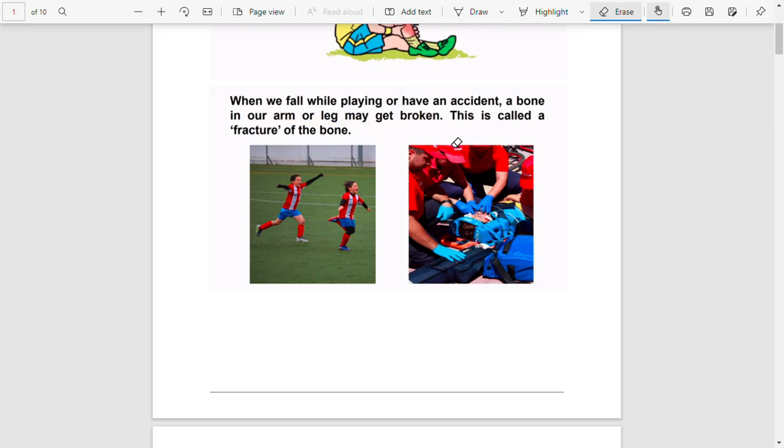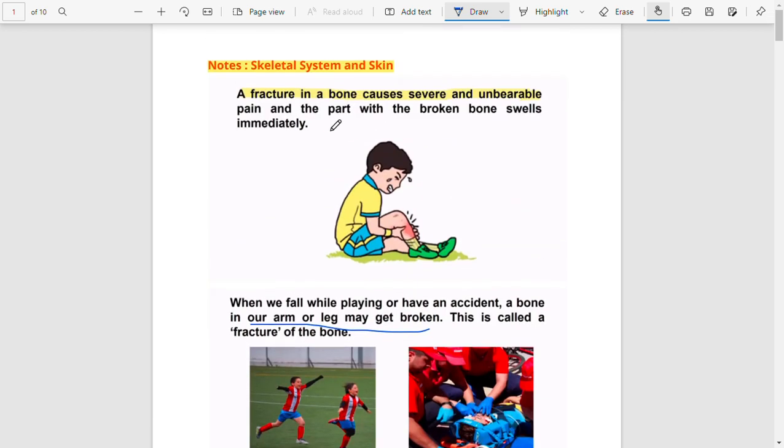Every time it will not be broken, but sometimes it can get broken if we meet with a strong accident. So a fracture in the bone will cause severe and unbearable pain.